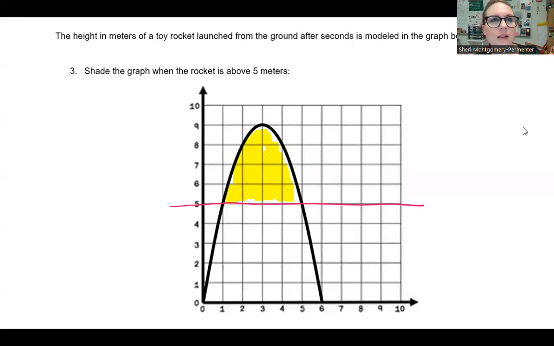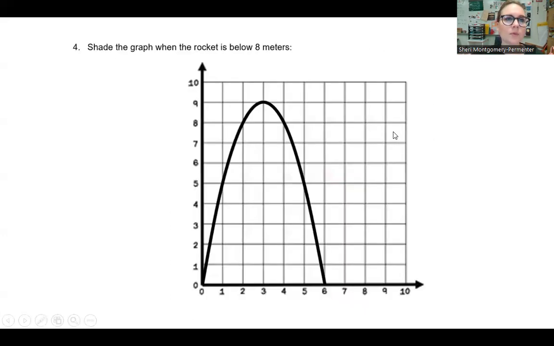Not today. We've got one more question. This one says, shade the graph where the rocket is below 8 meters. So it's the same idea that you're going to go make a line at 8. And then this one, when it's below, well, if it's above right here, it's below on the outside. So it doesn't shade on the inside.